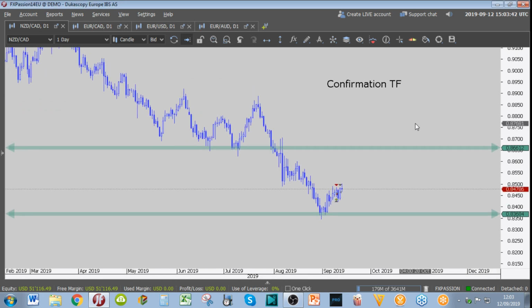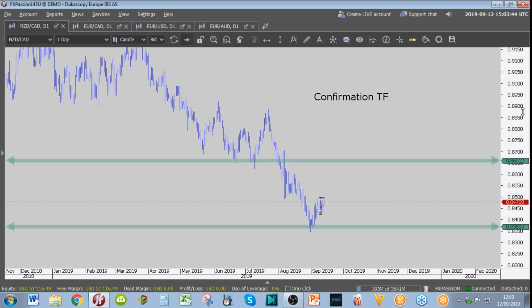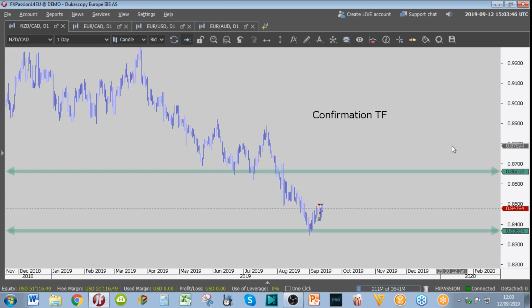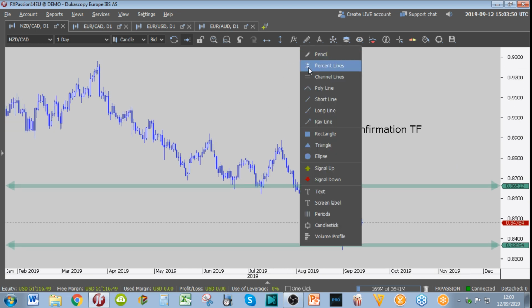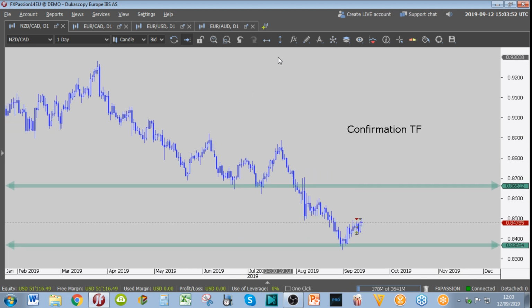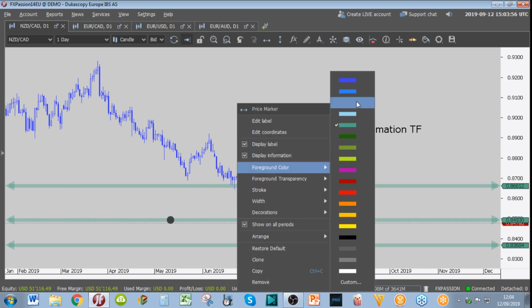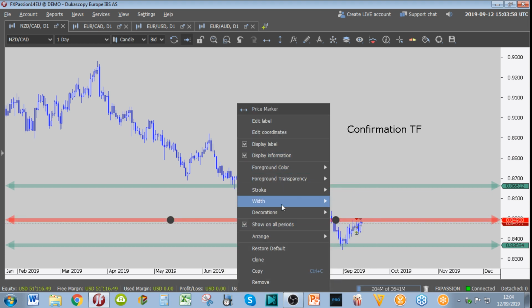So I have the two pivot points, and what else we're going to do? Well, we are going to address in a downtrend, right? We have past support in here. Let's color this in red.